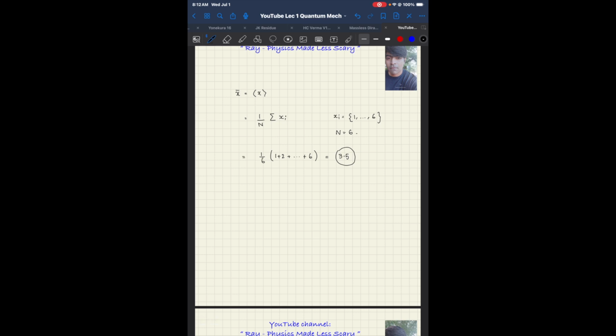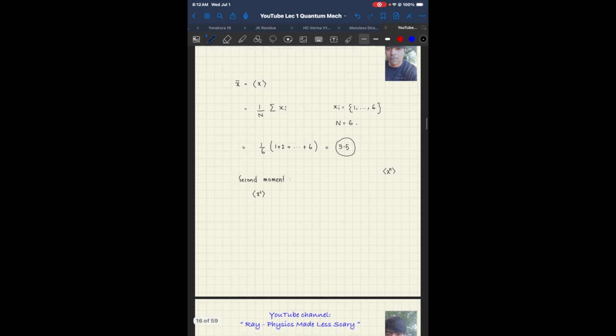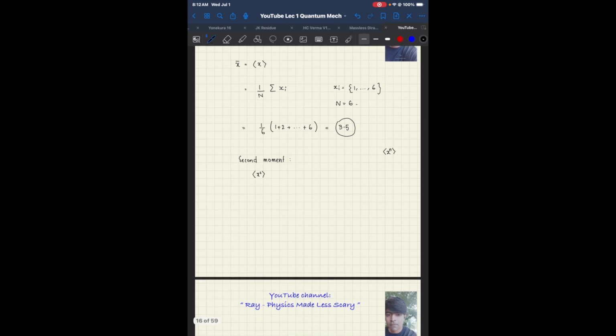Okay, so what about the second moment? The mean was the first moment, right? So what was the definition of second moment? Recall, nth moment was the expectation value of x to the power n, right? So the second moment is this. And now you all know how to write this.